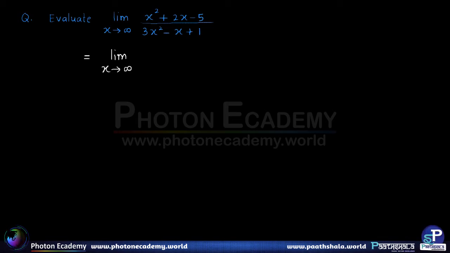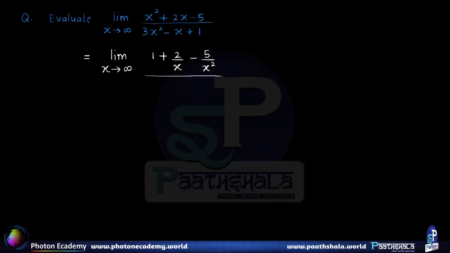On dividing the numerator, we will get 1 plus 2x upon x square, which gives us 2 upon x, and 5 divided by x square is the last term. In the denominator we have the first term as 3, then minus 1 upon x plus 1 upon x square. Now we'll see the benefit of doing this adjustment.